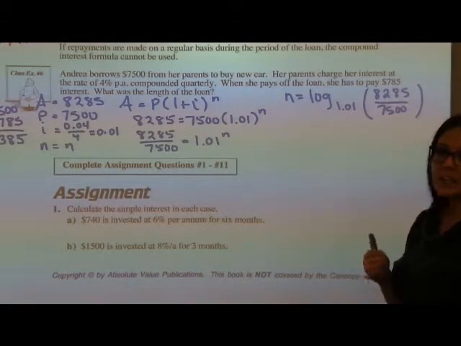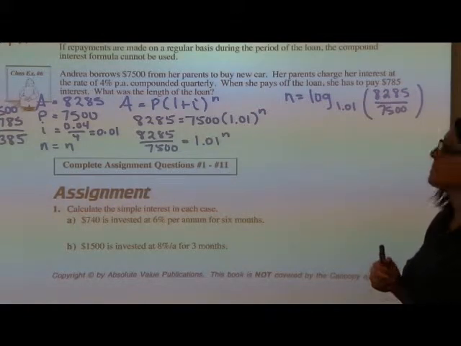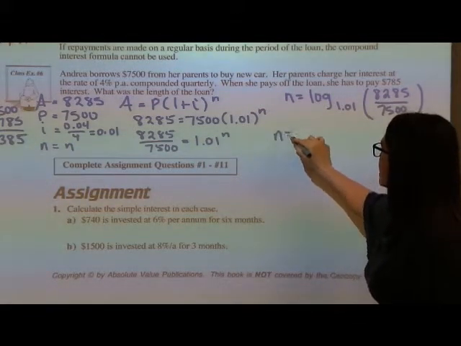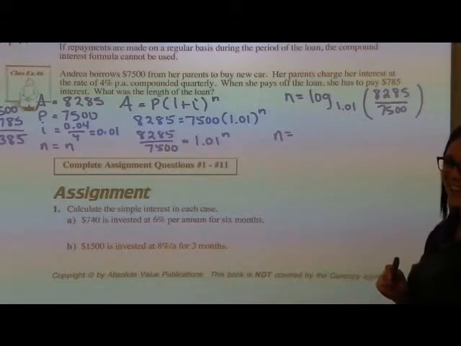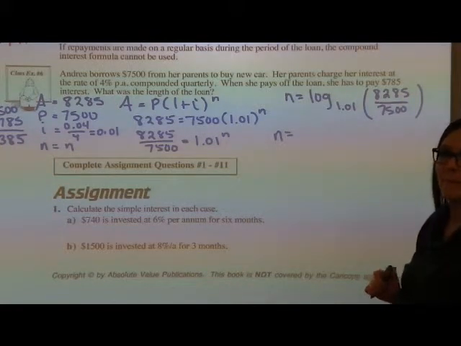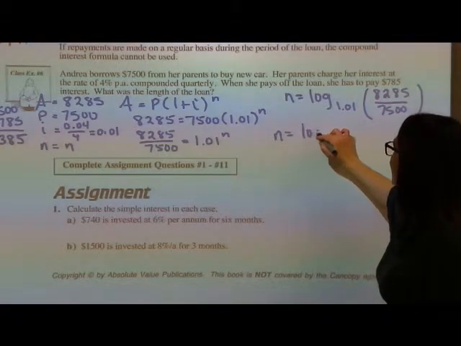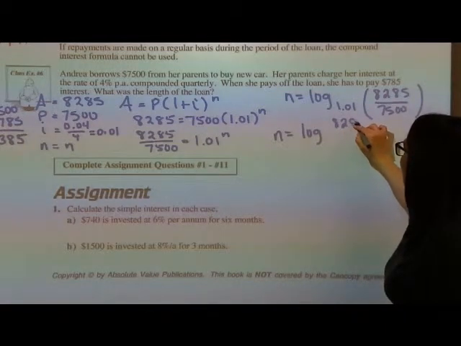So how do I put this into the calculator? Because my calculator can only do base 10 for logs. I can do it this way, and go log 8285 over 7,500 divided by log 1.01.